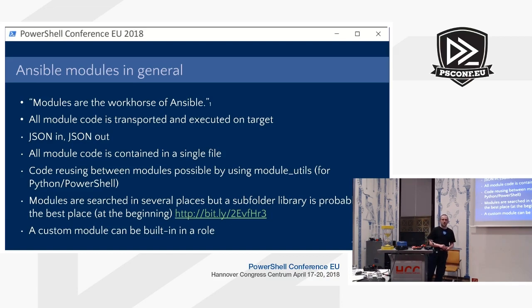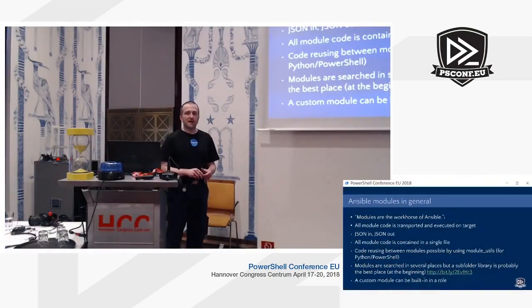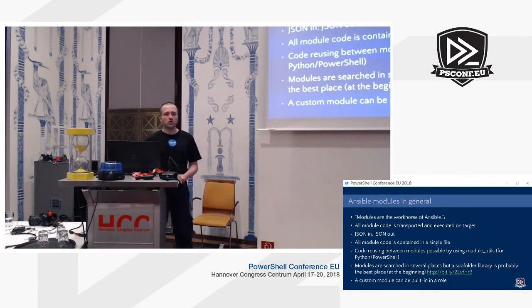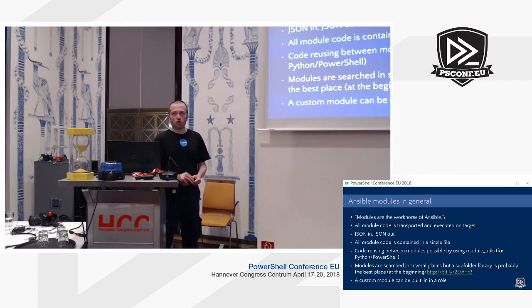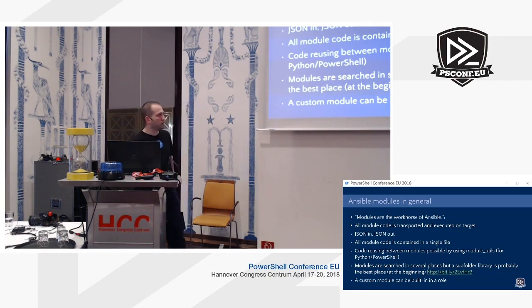It is the same as PowerShell Gallery, to publish publicly, or you can even install Ansible Galaxy in your own environment to host your own private roles, sorry, not modules but roles.